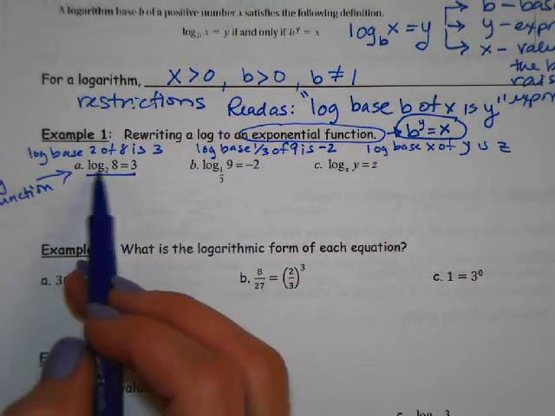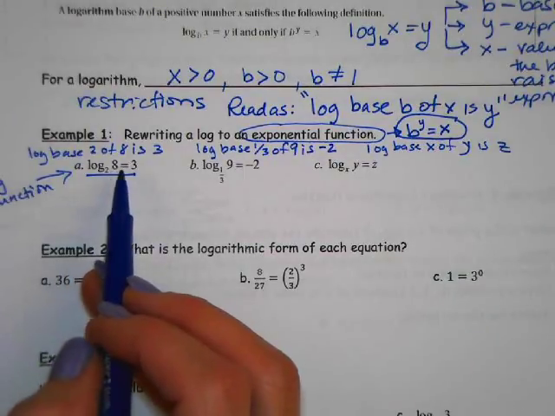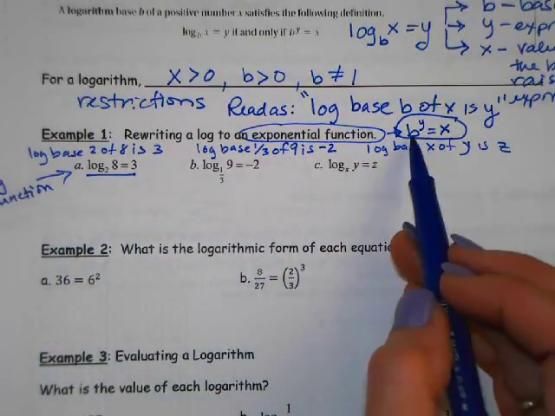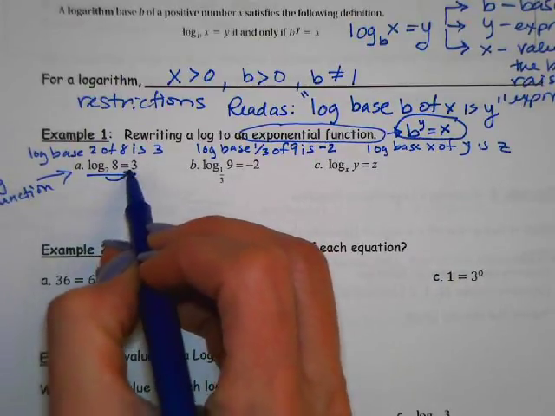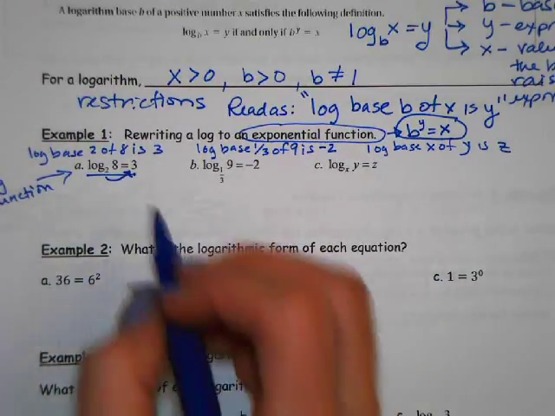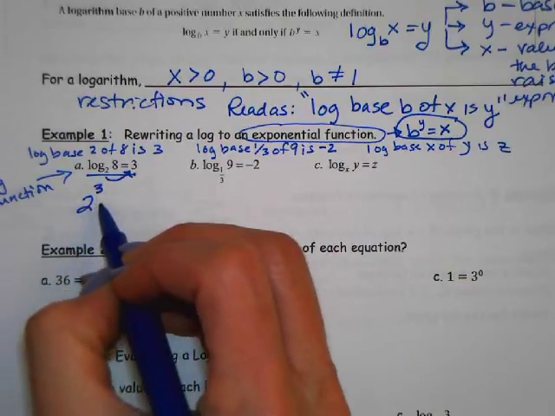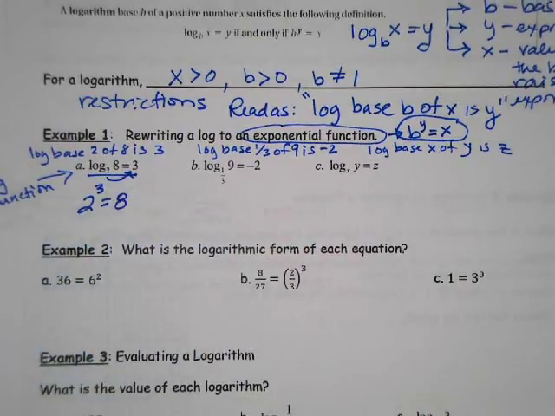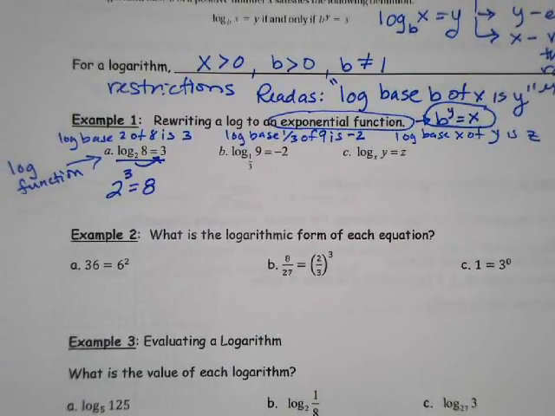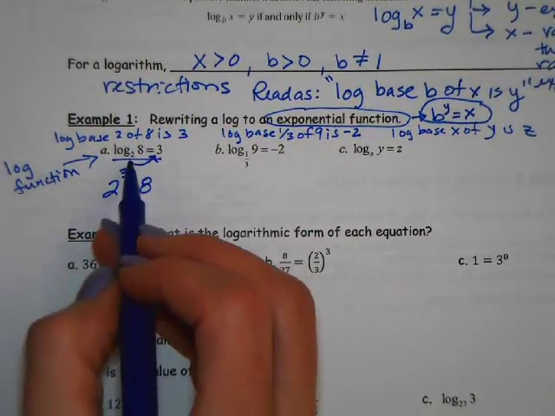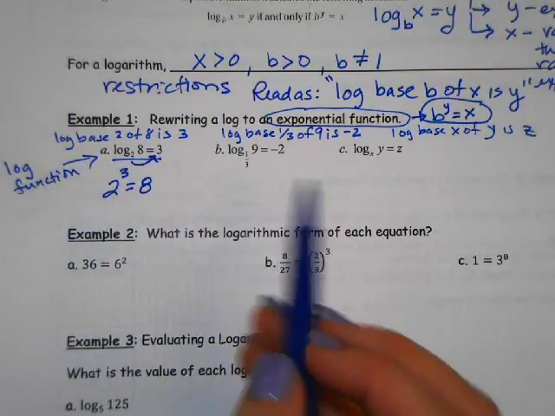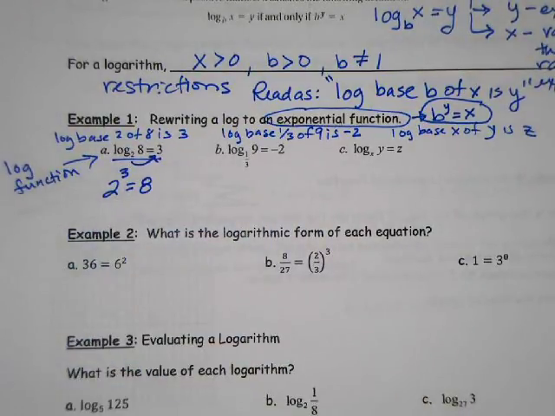So we're going to take it from where it says log base 2 of 8 equals 3, and we want it to be b to the y equals x. How I would write that is the 2 just swings underneath the 3, and it becomes 2 to the 3rd equals 8. Remember, the base is always the base with an exponent.